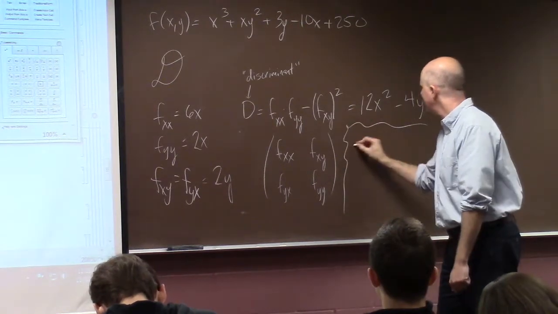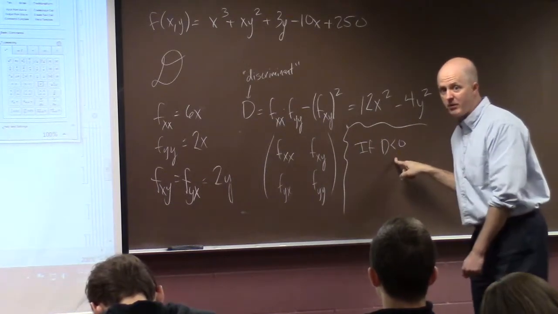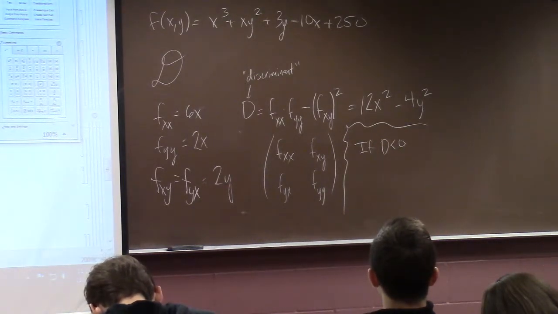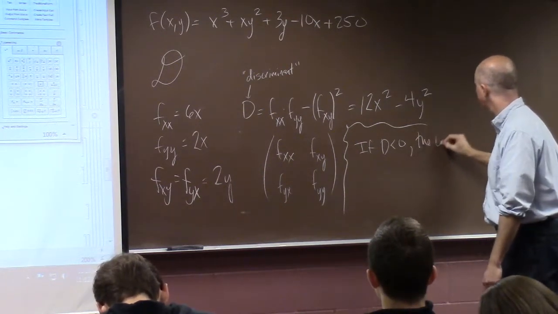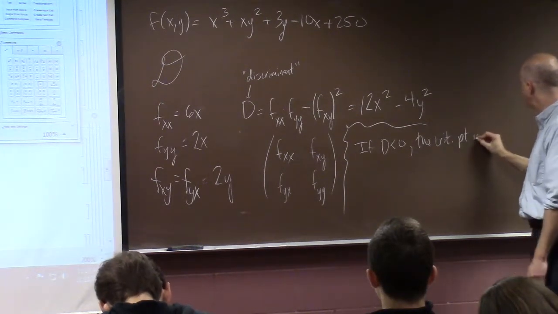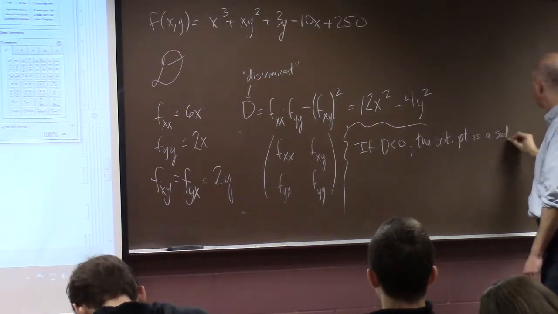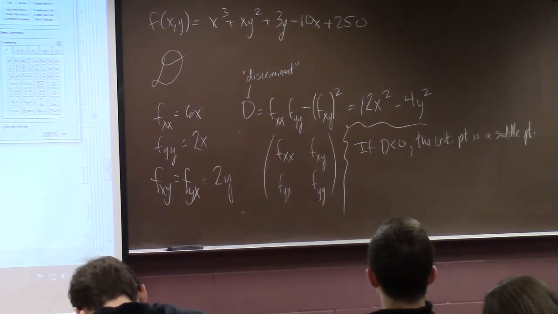So if d is negative, at a critical point, I'm talking about evaluating this function at critical points, and we had 4 of them for this function, the critical point is a saddle point. That's what happens when d is negative.